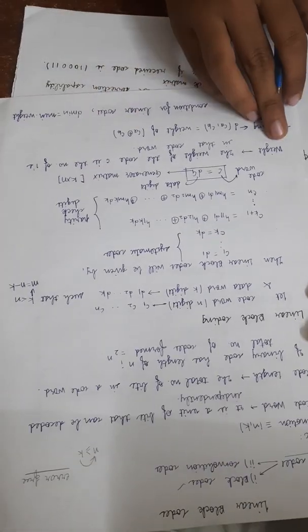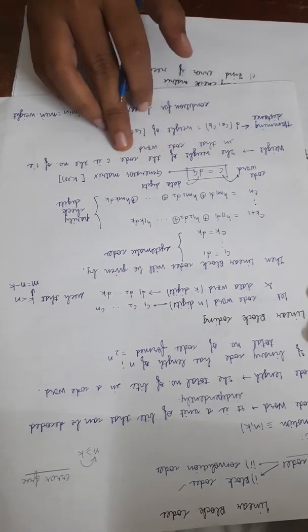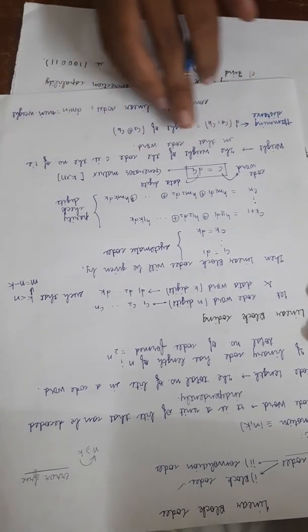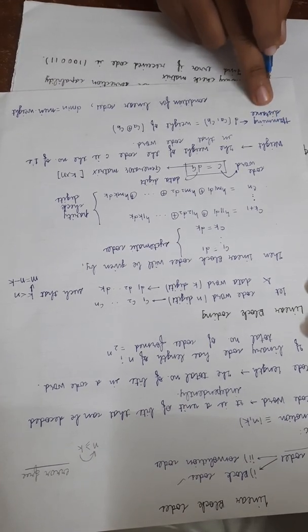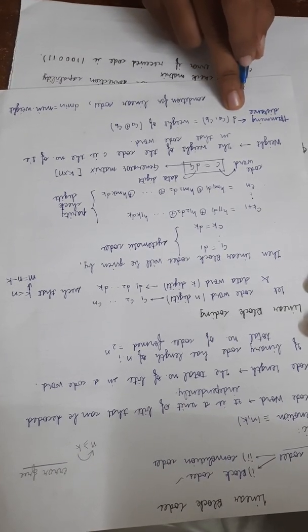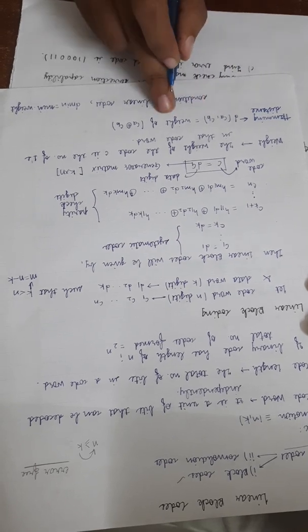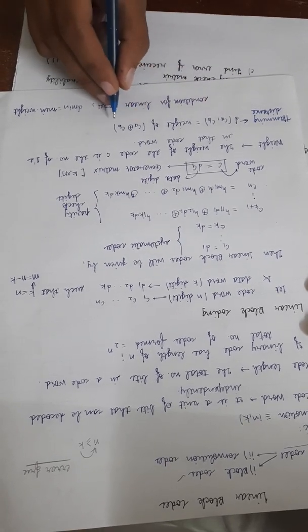Now the next term is weight. The weight of the code C is the number of ones in that code word. And the next term is Hamming distance, which is given by d(Ca, Cb) is equal to the weight of Ca XOR Cb.